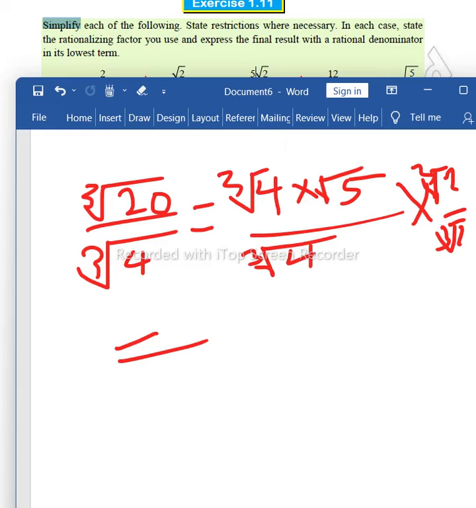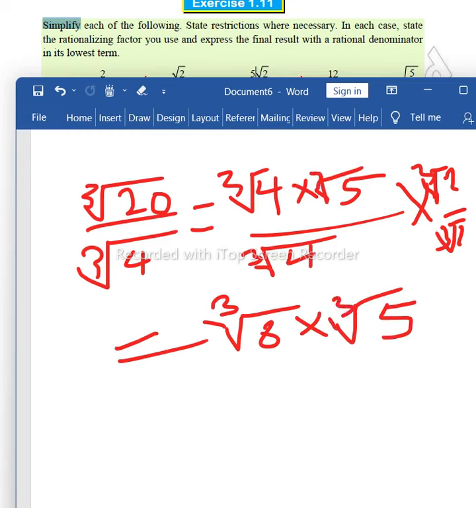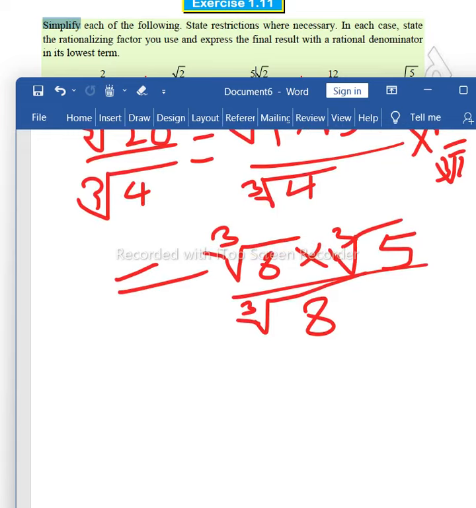When we multiply cube root of 4 times cube root of 2, we get cube root of 8, which is 2.